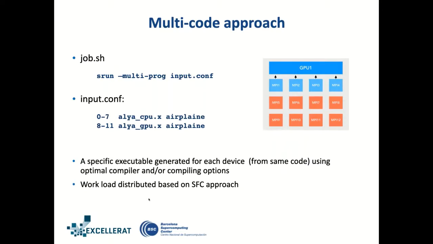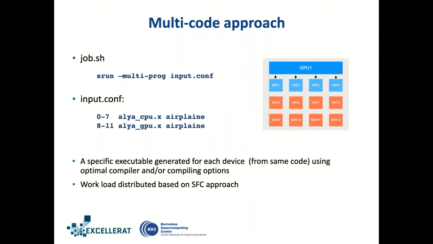The idea for doing co-execution that we use is we generate two instances of the executable, two instances of the code, one to run on GPU and one to run on CPU. Then, using the multiprog option of Slurm, on each node there are some MPI processes that will use one executable and some MPI processes that will use the other one. The ones that use the executable generated for the GPU will be offloading to the GPU, and the others will remain on the host.